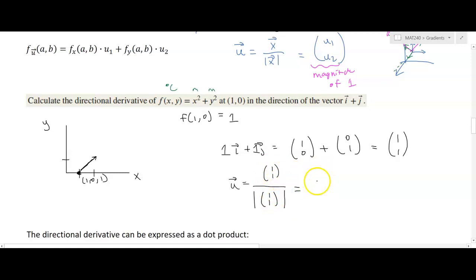Now, it turns out that the magnitude of (1, 1) is the square root of 2. And so if we divide both the components by that, or alternatively, you could think about it as 1 over the square root of 2 times the (1, 1) vector, well, that will give me components 1 over the square root of 2 and 1 divided by the square root of 2.